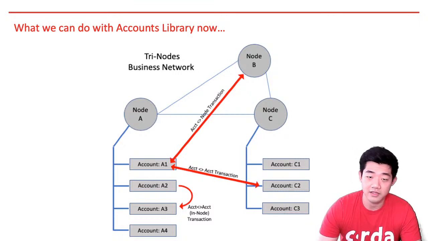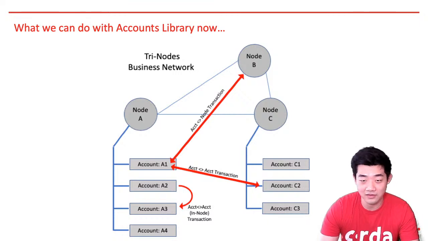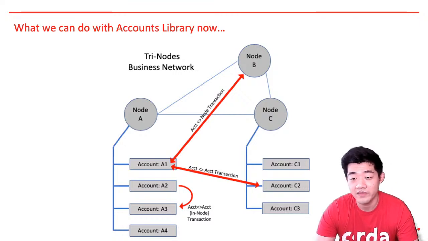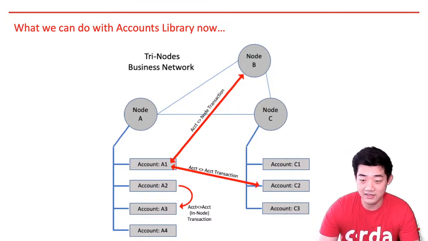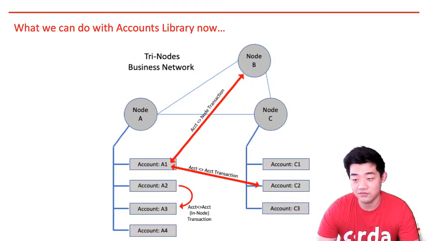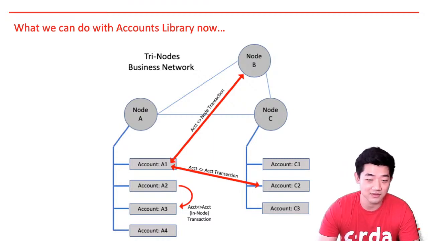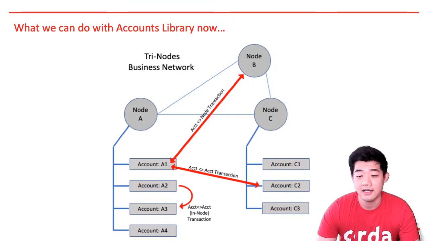Originally, if you have a 3-node network, you can only do transactions between A and B, between A and C, between B and C, or a transaction involving all of A, B, and C. But now, you can do account to node transactions, and vice versa, and account to account transactions across 2 nodes, from A1 to C2, as I showed here, and also account to account transactions within the node.